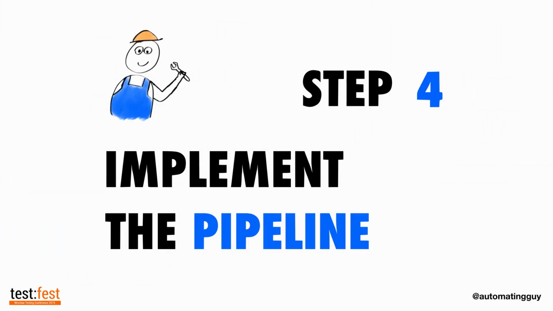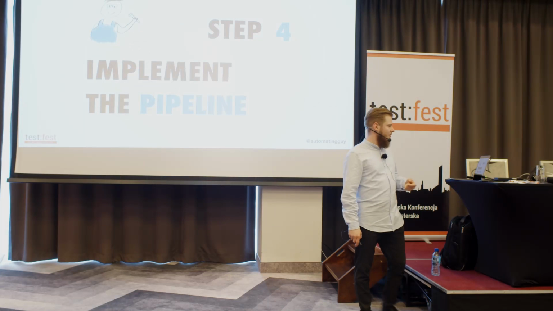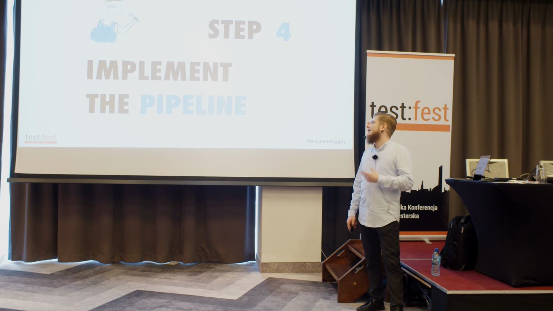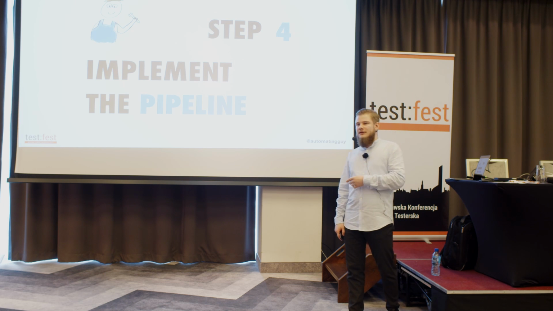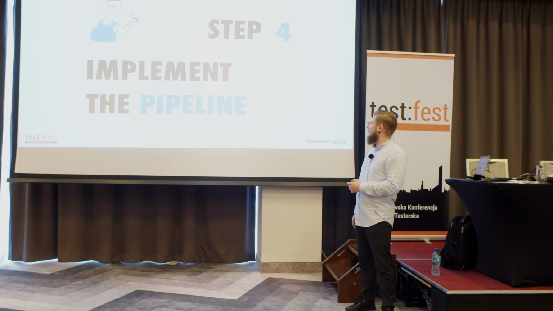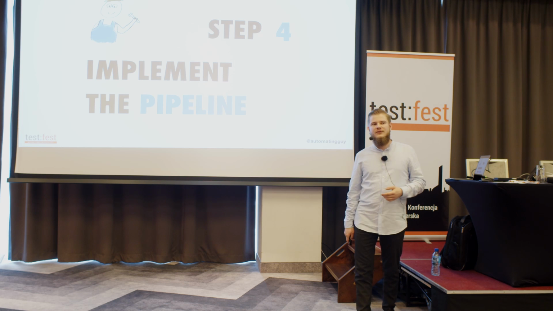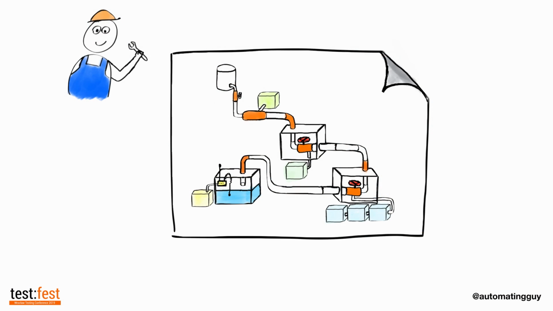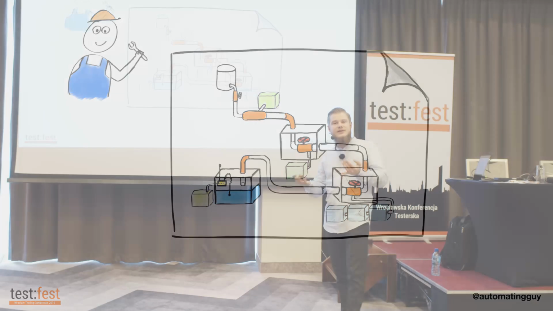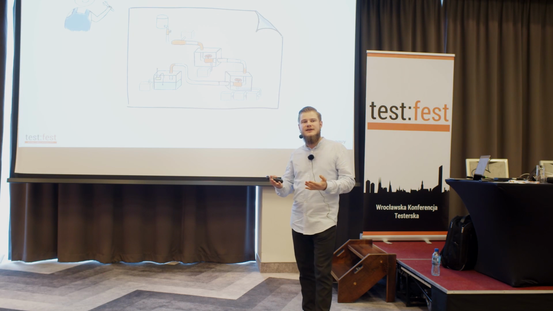And finally, we can implement the pipeline. So nowadays you have lots of concepts like pipeline as code. And we talked briefly before this talk that there are various systems that allow you to do this. So we can define our pipeline as code. And in Jenkins, this will be Jenkinsfiles with some Groovy DSL.